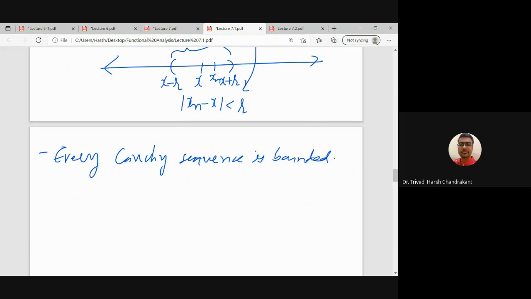The converse is not true. We know the example. In R, xn equals minus 1 power n is a bounded sequence, but it is not a Cauchy sequence.